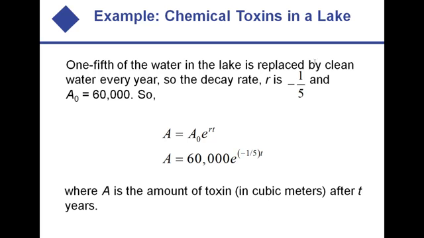So A sub 0 is our 60,000. R, the rate of decay: we're losing 1/5 of the lake every year. It's being flushed out, so 1/5 of this toxic stuff is also being flushed out each year and replaced by clean water. So here's our simple formula that gives us the amount of toxin in the lake after a time t.